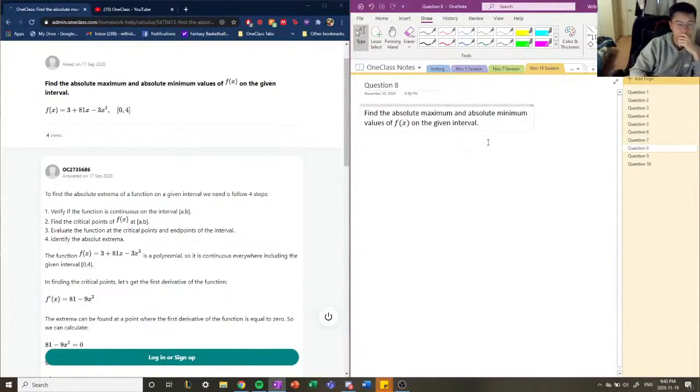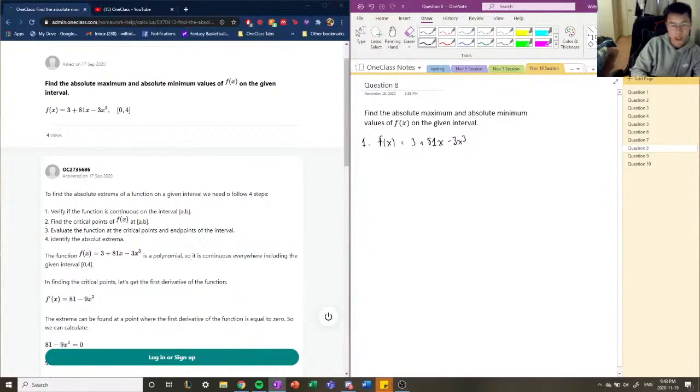So first, let's verify the first step: whether this function is continuous on the interval. A quick look at the function shows us that it is continuous on all real numbers. There's no denominator that will equal 0, and nothing that goes to infinity.